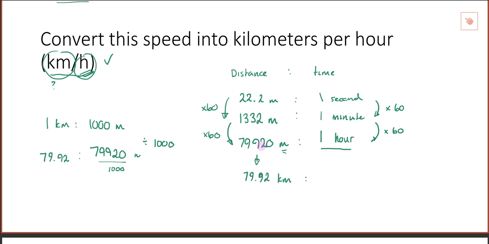So that is converting units rather than changing the ratio. So instead of meters, it's now kilometers, and it's still in the 1 hour. So my speed would be 79.92 kilometers per hour for that question.